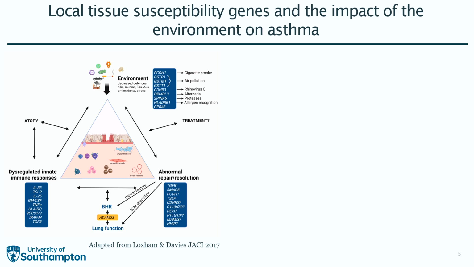And it's not the fact that you have just a mutation in one of these genes, but there must be a combined effort of a mutation in a gene along with an environmental impact that together contributes to the disease progression, whether that's in early life or develops later.